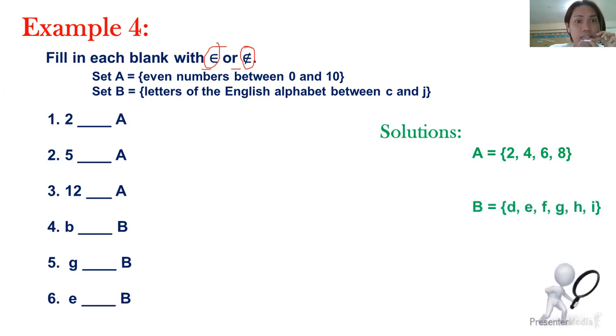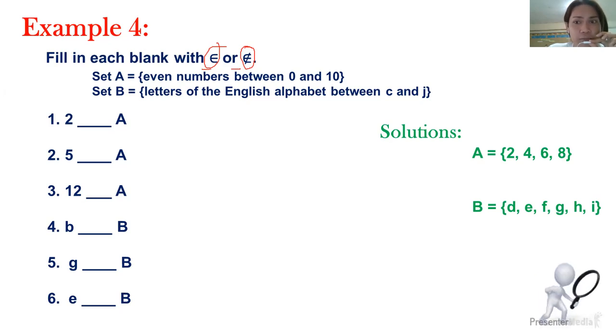For set B, the letters of the English alphabet between C and J, you have D, E, F, G, H, I. For number 1, the first thing that you're going to do is to list down. The listing method is very important because it will guide us to list all the elements of the given set. Since we already listed the elements of set A and set B, we can now answer number 1.